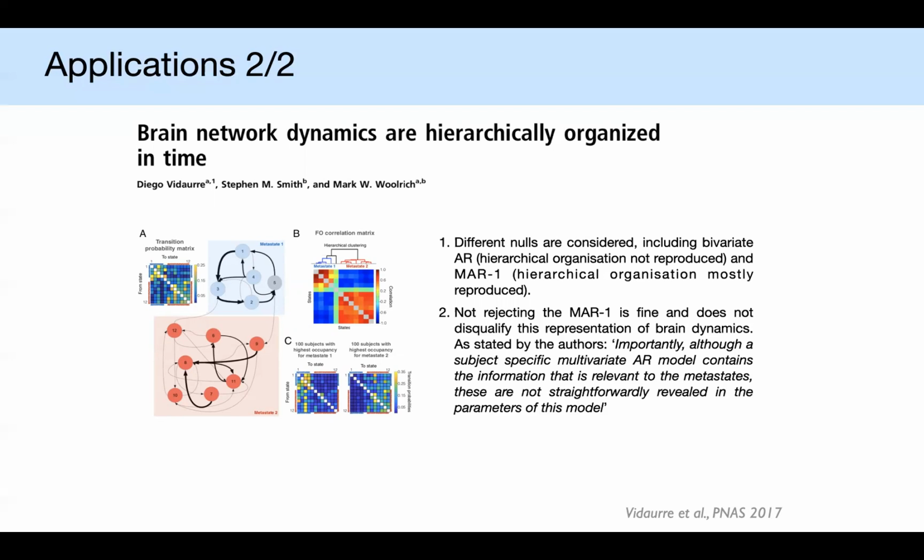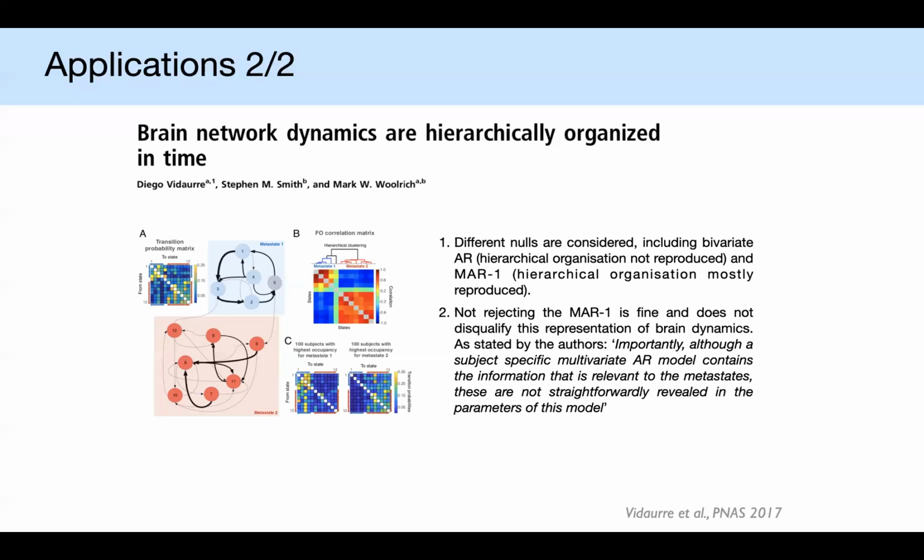As said very well in the discussion of that paper by the authors, they say, importantly, although a subject-specific multivariate AR model contains the information that is relevant to the metastates, these are not straightforwardly revealed in the parameters of this model. In other words, it's fine that the MAR1 null reproduces this structure.